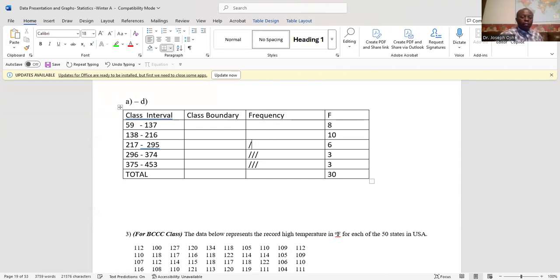So I'm going to adjust this so you can do it. 8, 10, 6, 3, 3, 30. So in this one, I'm going to call this one cumulative frequency, CF. So I'm going to close this. Okay, remove all this.